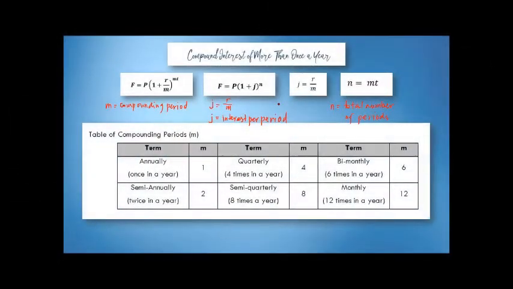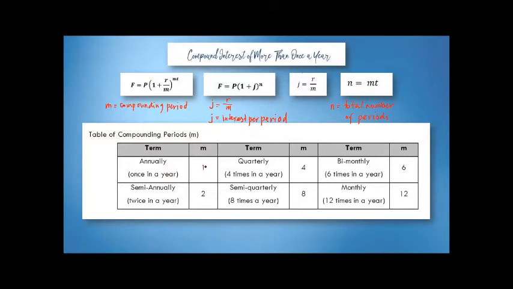Okay, before we proceed to example number 1, ito yung listahan natin or yung table natin for compounding periods M. Binanggit ko na kanina, pag ang rate of interest ay na-apply once a year, so that is annually, M is equals to 1.